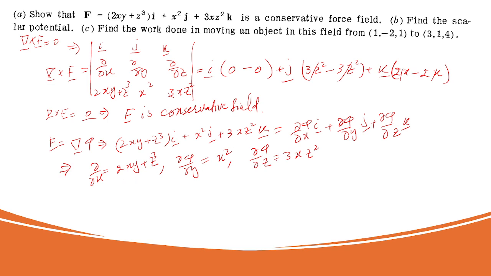So we have to integrate these three equations, the first one with respect to x, the second one with respect to y, and the third one with respect to z. When I integrate the first one, I will get phi is equal to x square y plus z cube x plus some function of the other variables, y and z.